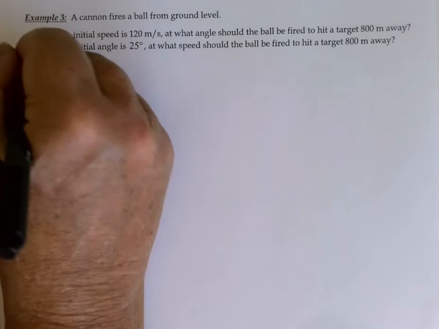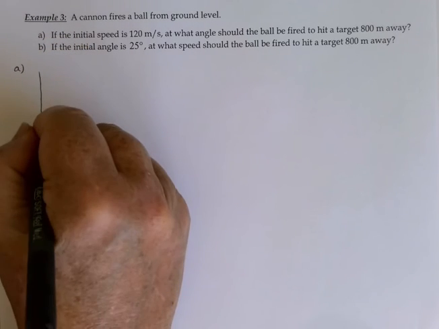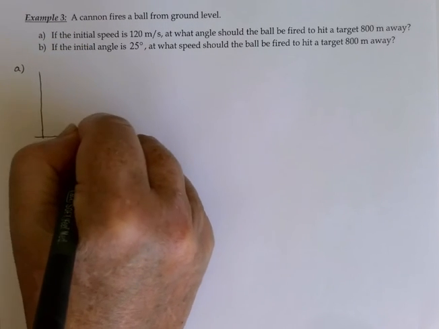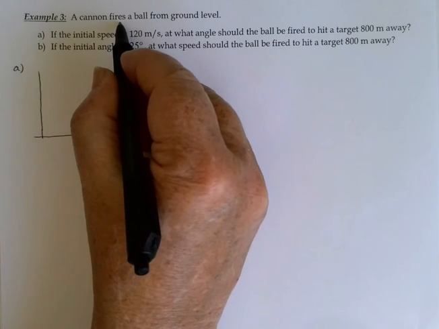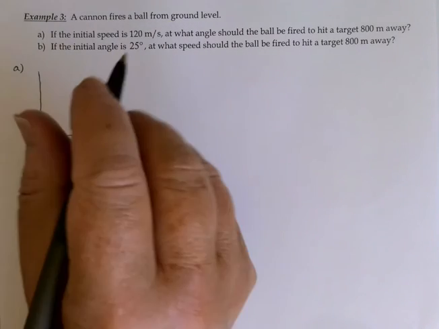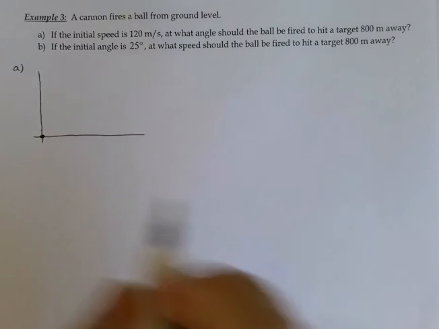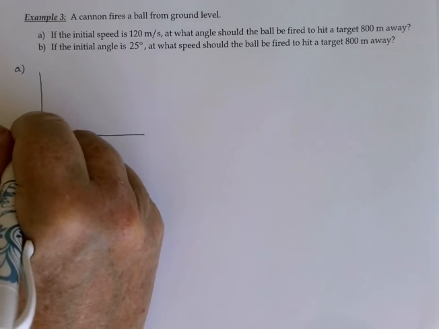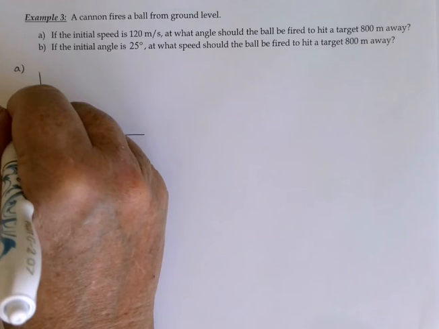So let's go ahead. Part A. Always helps me when I draw these. They specifically said that the ball was fired from ground level. So that means I'm going to start right here at the origin. And 0, 0 is my initial position.